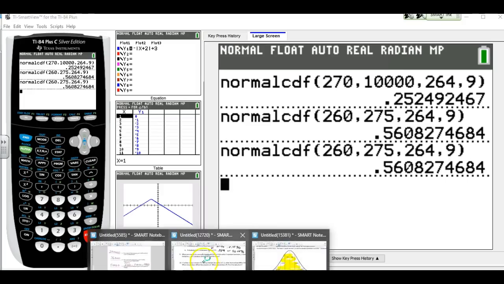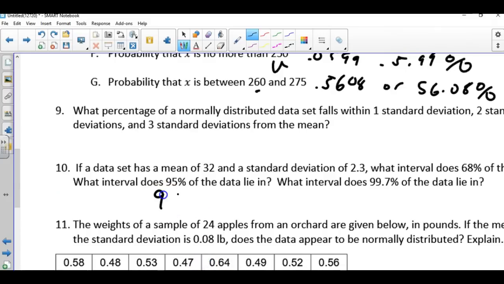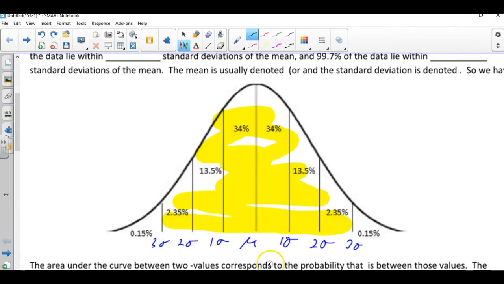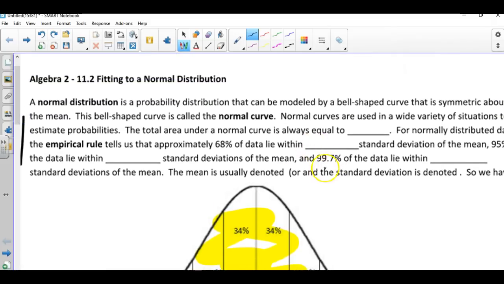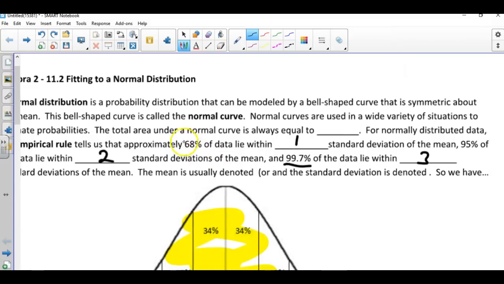Oops, wrong number at first. If you don't remember, it was also in your notes. 99.7% lies within 3 standard deviations. If you were here that day, you paid attention. 1 standard deviation is 68%.